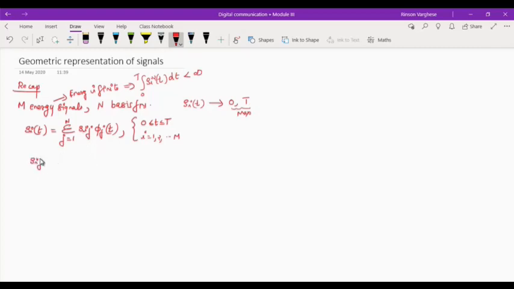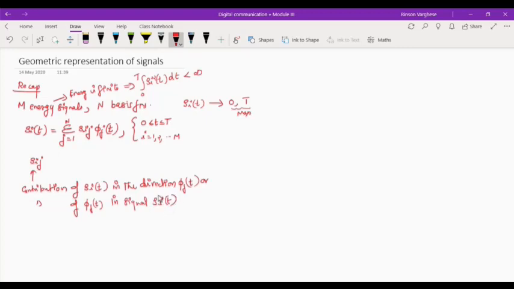Sij is the contribution of Si of t in the direction phi j of t, or you can say the contribution of phi j in signal Si of t.